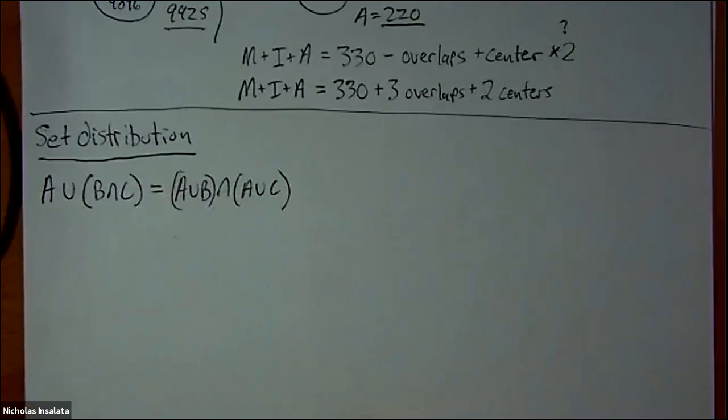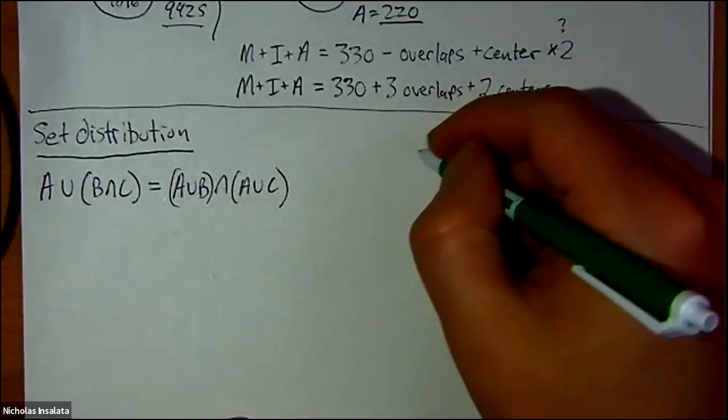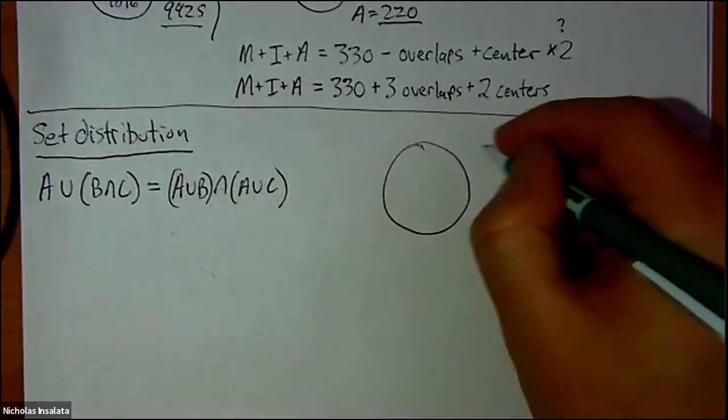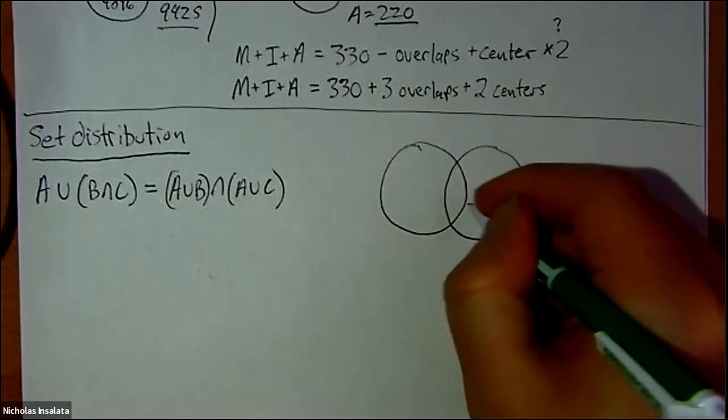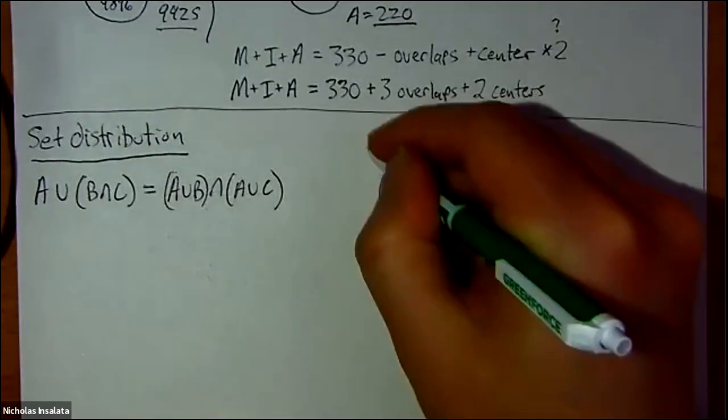Let's start with a proof by Venn diagram. So if we set up a Venn diagram here, make it a little bigger this time, here's A, B, and C.